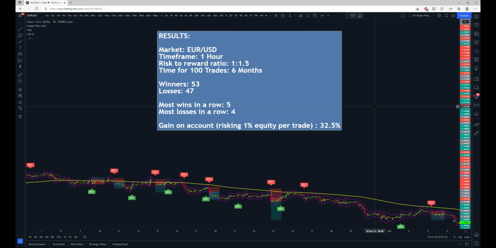Now, the one thing that I did notice with this was that a lot of the time the entries are quite extended already, and you may be better off getting in on the first pullback after the buy or sell signal to get actually a better entry price. You can see it happening a lot, but just for instance right here, you get this sell where the bar is very extended.